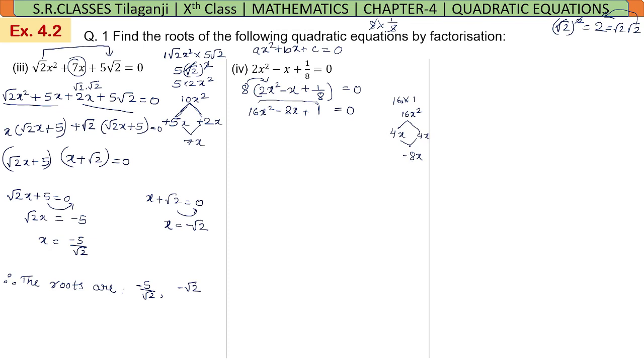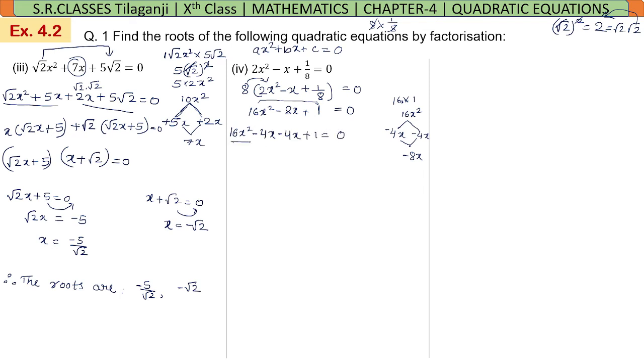If I take both as positive, the answer will come in a positive. When I take both as negative, minus minus we can add, and both are minus means I can take the answer as minus. Now 4 4s are 16, minus minus plus. Yes, now write these factors in this equation, that is 16x square minus, instead of this 8 we need to write these factors, that is 4x minus 4x plus 1 is equal to 0.